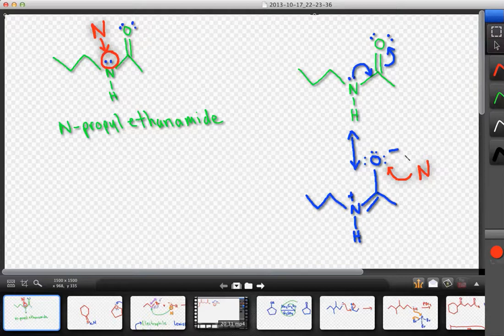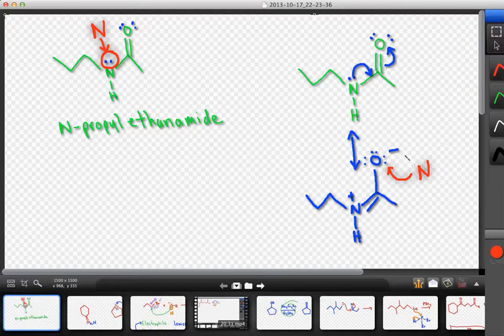So I think the question asked on your problem set simply wants you to identify nucleophilic centers. So you could circle the lone pair on nitrogen or one of the lone pairs on oxygen.